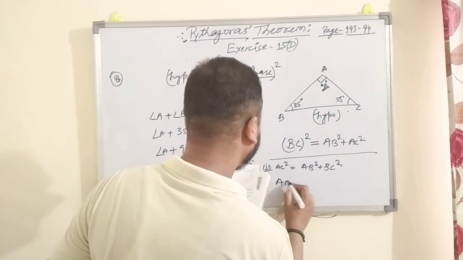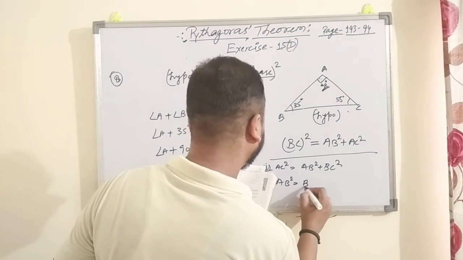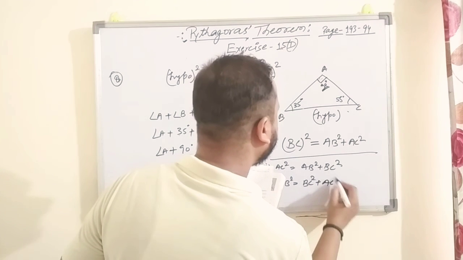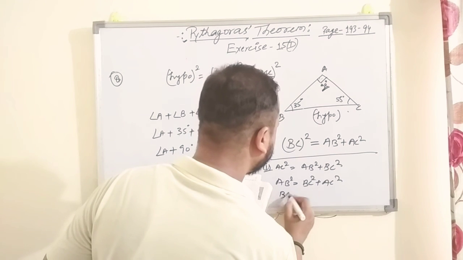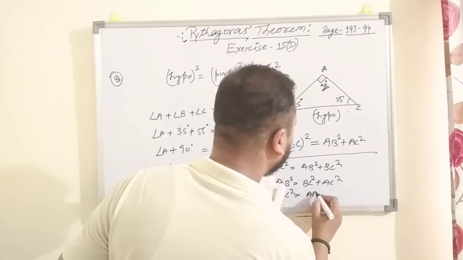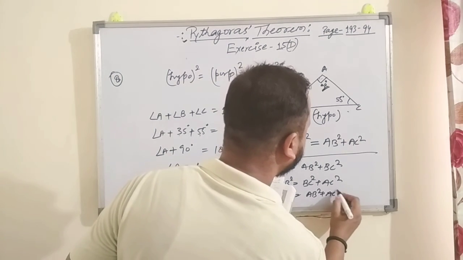The second option is AB square is equal to BC square plus AC square, and the third option is BC square is equal to AB square plus AC square.